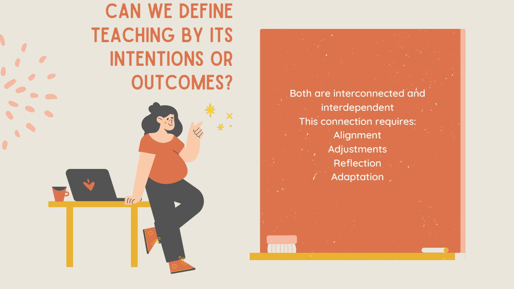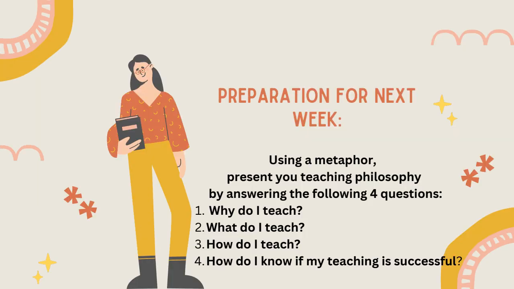But what I'd like to end off with is I'm going to ask you for next week, and I'll put it on the announcement on BC Learn. As preparation for next week, use a metaphor. It could be anything: I see myself as a gardener, or I see myself as the captain of a ship, or I see myself as a torchbearer, whatever metaphor you want to use.